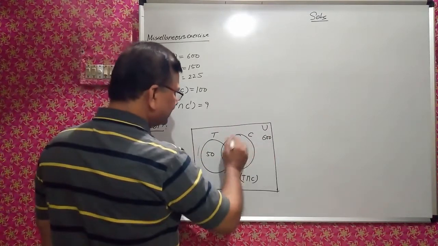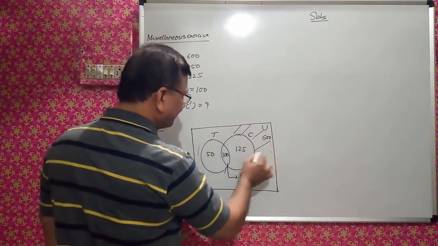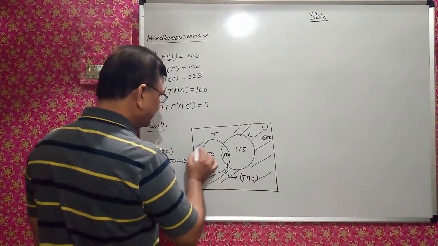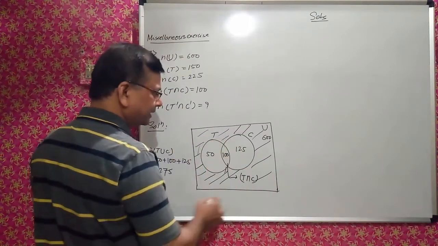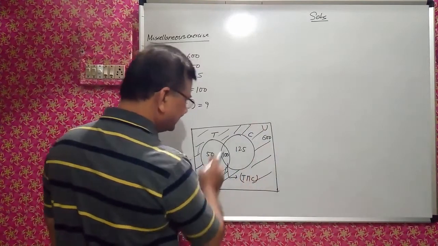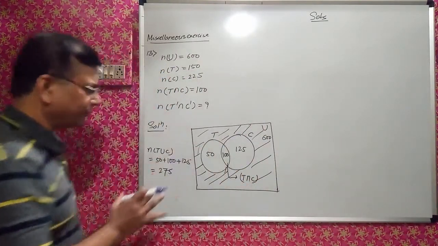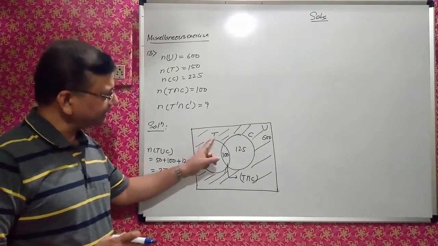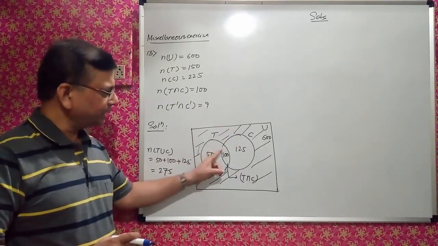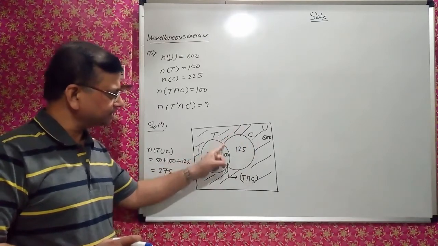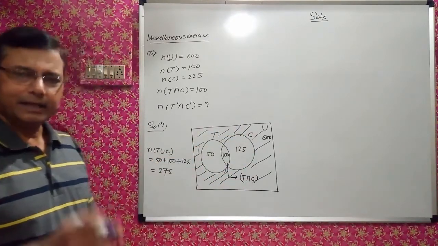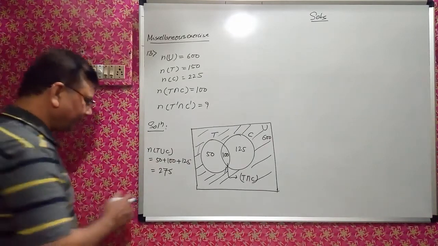Total is 600 students. This area means neither tea nor coffee, right? This area tells neither tea nor coffee, because only those students who are taking at least one of these two are within these two circles. And outside this, they are taking neither coffee nor tea.